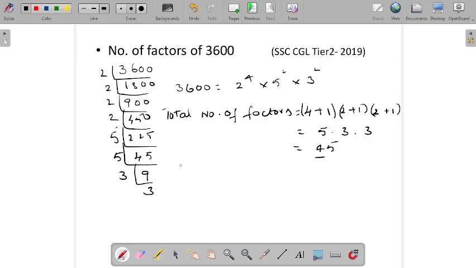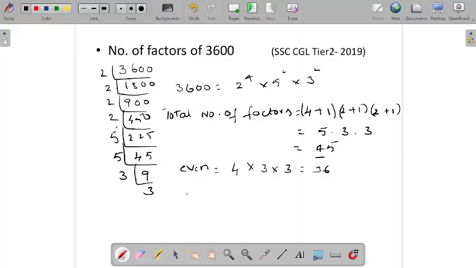For finding even factors, here we are taking 4 just because 1 should not be included. 4 into (2 plus 1), which is 3, into (2 plus 1), which is 3. The value is 4 threes are 12, 12 threes are 36.